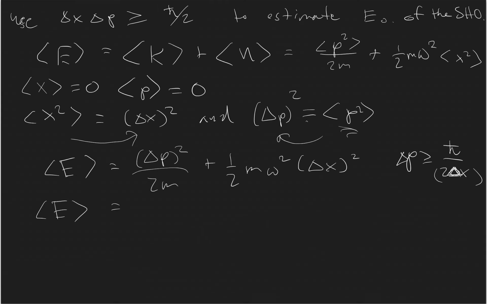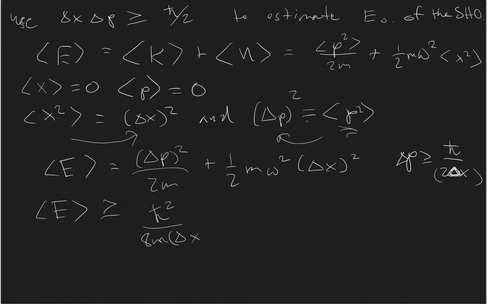So if we simplify this out, the average energy must be bounded by some of the constraints from the uncertainty.